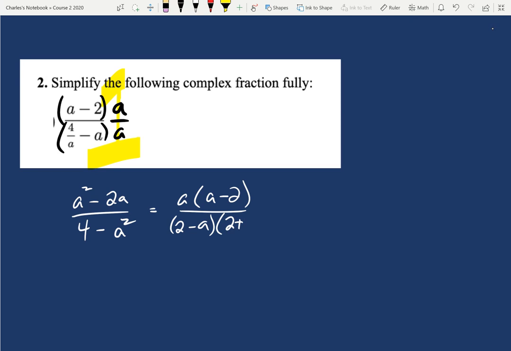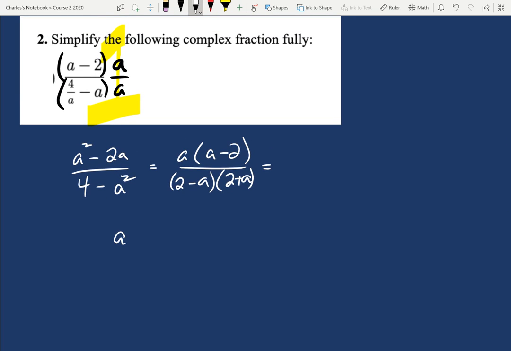And at first glance, it might not look like I have anything in common, but think of what you have when you have a minus 2 over 2 minus a, or a minus anything over that thing minus that. If you have the same expression, there's just a minus sign in between them, and the terms are reversed. If you plug in a number, like let's say 3 minus 2 over 2 minus 3 is going to be 1 over negative 1.